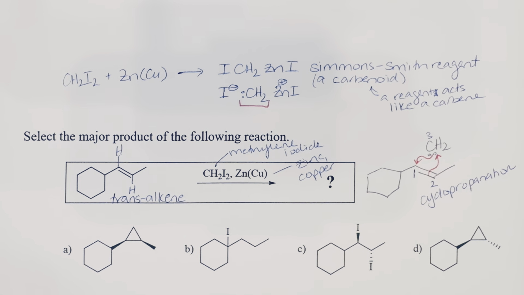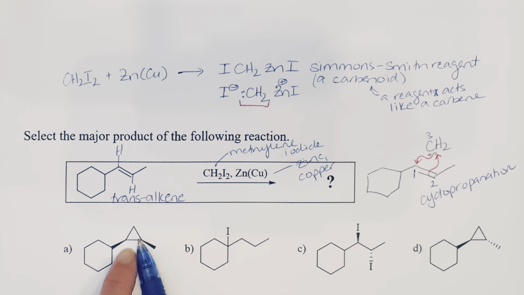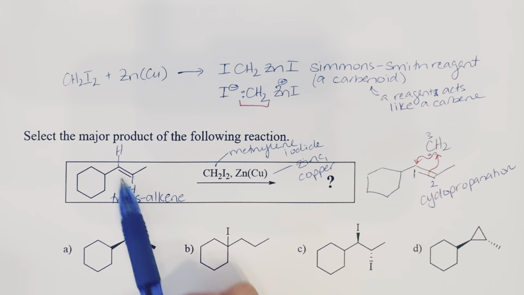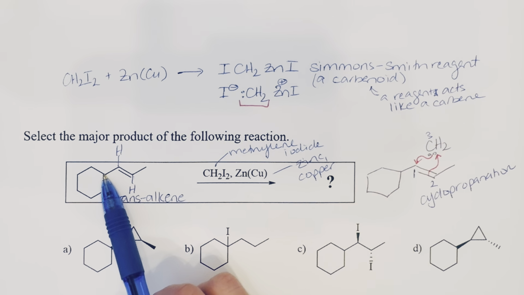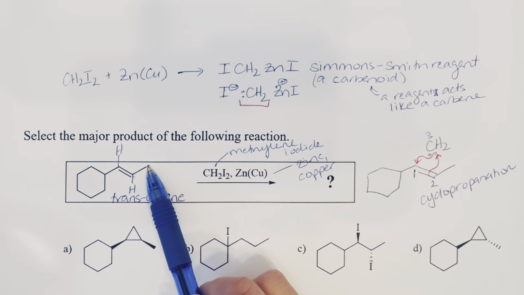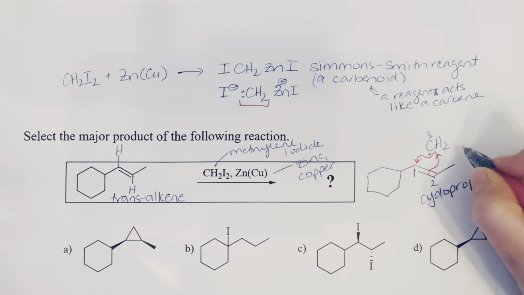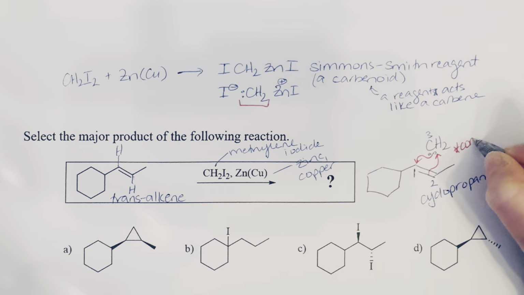So we are going to be looking at one of the products where we see that we are forming a cyclopropane, and we're going to pay attention to the stereochemistry. So we can see it started with a trans alkene. So we had the cyclohexane ring pointing in one direction and the methyl group pointing in the other direction. And this is a concerted mechanism.